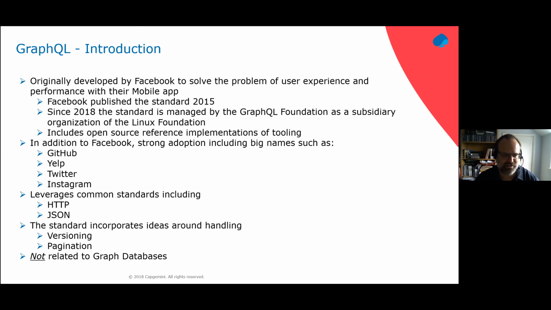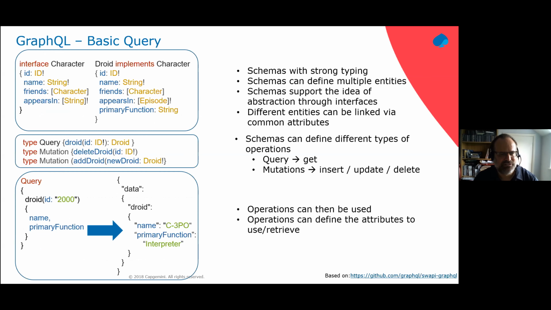I know a lot of people, when they first hear about GraphQL, think of graph databases. There isn't any relationship other than the fact that some mathematical concepts of graphing are involved in the most abstract thinking in this area. So yeah, don't worry about graph databases.